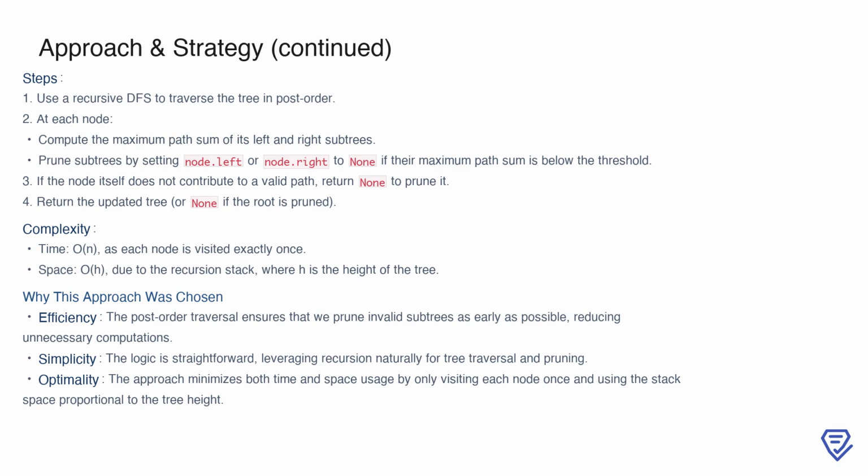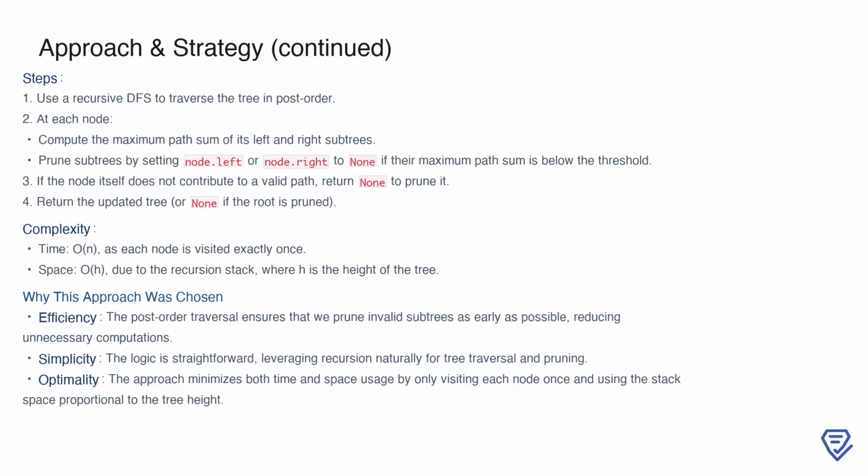Then, we check if the node itself contributes to a valid path. If it does not, we return None to prune it as well. Finally, we return the updated tree, or None if the root is pruned entirely. This approach has a time complexity of O(n), since each node is visited only once, and a space complexity of O(h), where h is the tree height, due to the recursion stack.